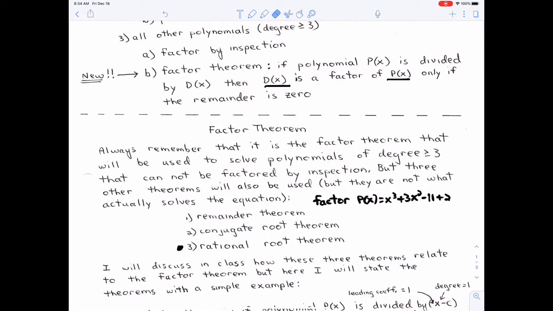So that's where this comes in, the rational root theorem. Be very careful here, it doesn't necessarily give you any roots. It just gives you ones to try, so it's not just a total guess and check. In other words, the rational root theorem is going to say, you know what?